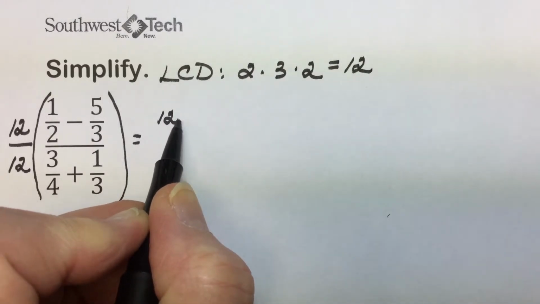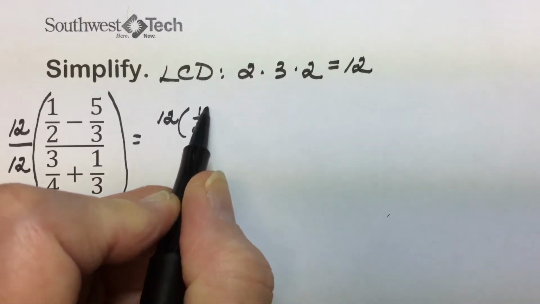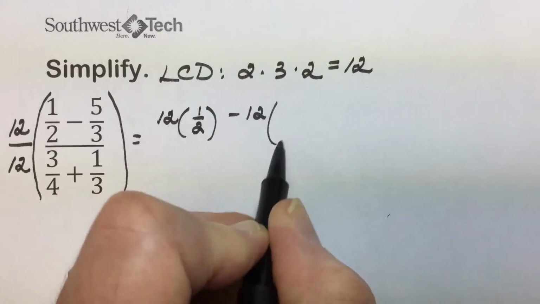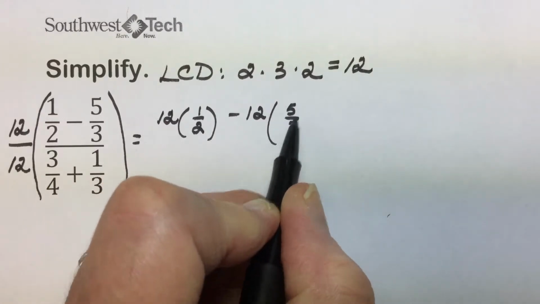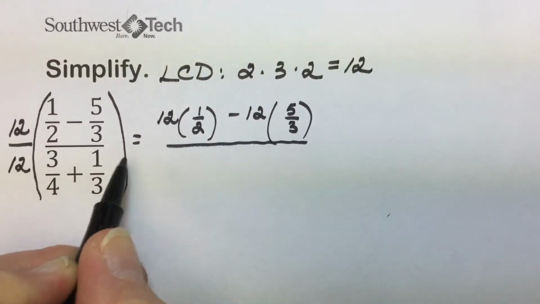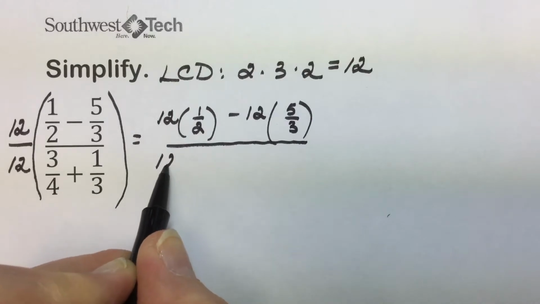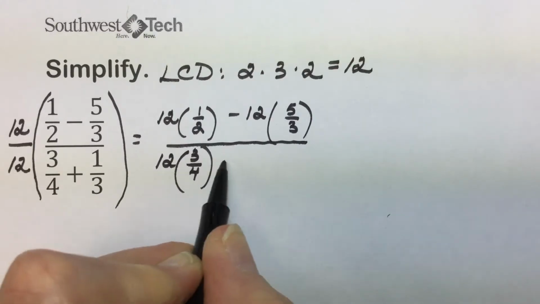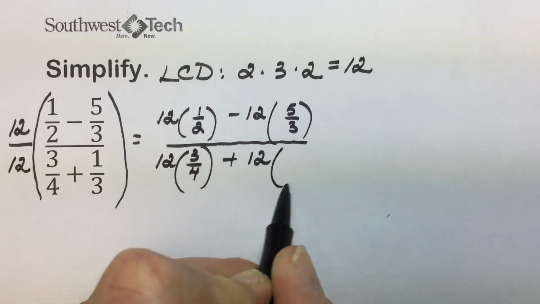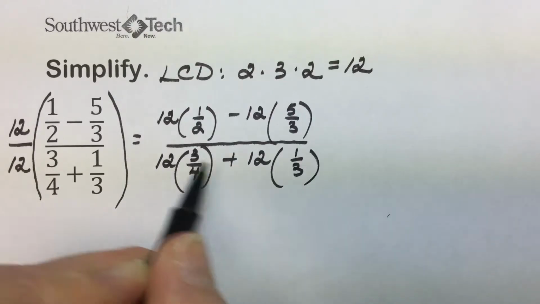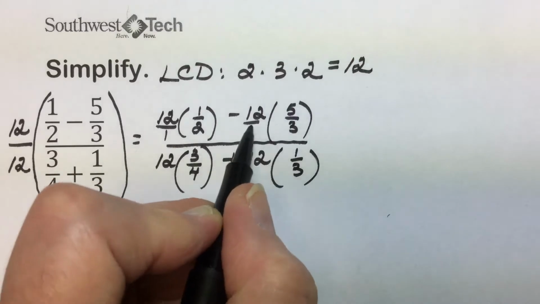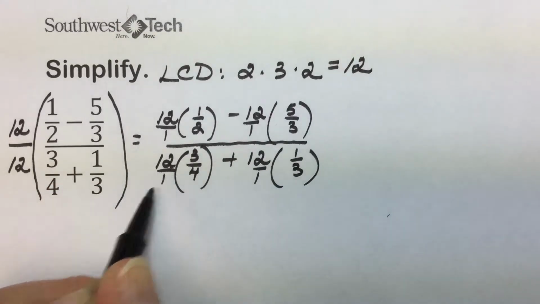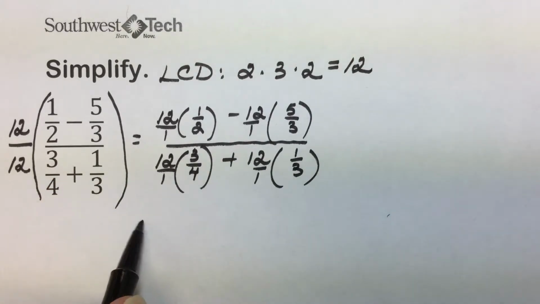So we have 12 times 1/2 minus 12 times 5/3. In the denominator, same, we'll use distributive, 12 times 3/4 plus 12 times 1/3.